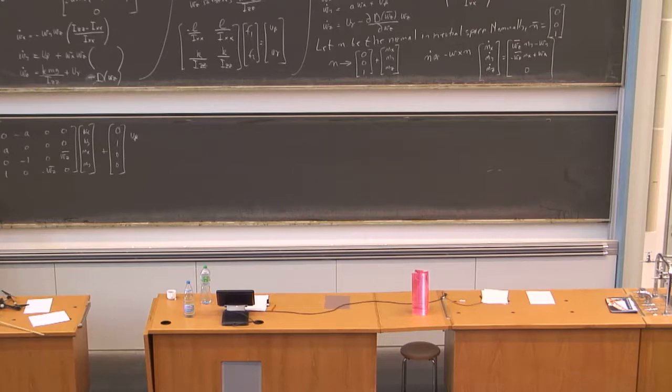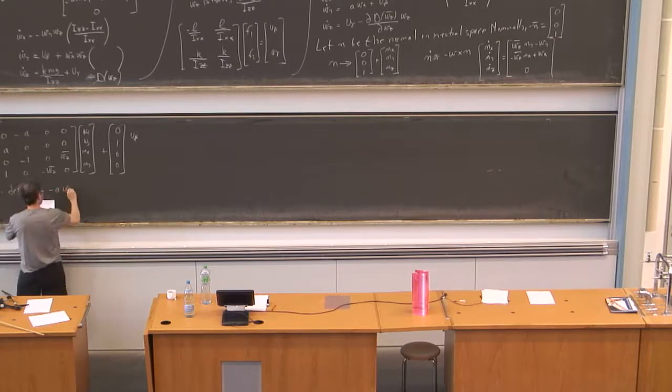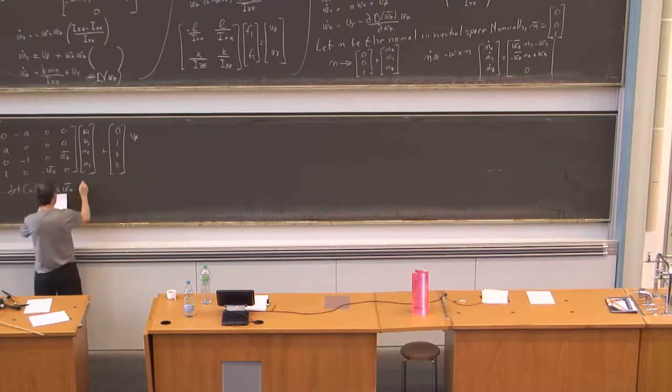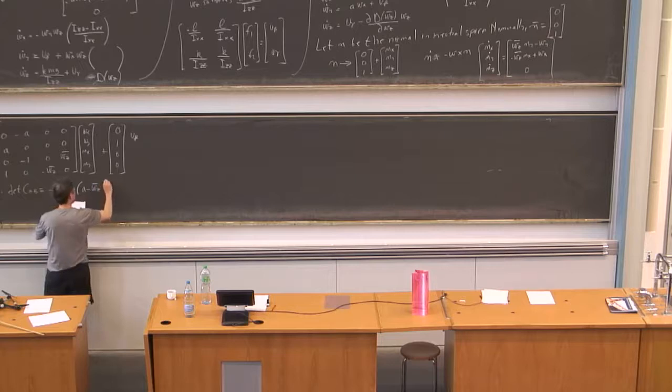And if we want to check whether we can control the whole space, we just have to check whether it's non-singular, whether it has full rank, which is nothing but just checking the determinant. And if we build CAB and look at the determinant of CAB, it's equal to minus A omega z bar, A minus omega z bar squared.